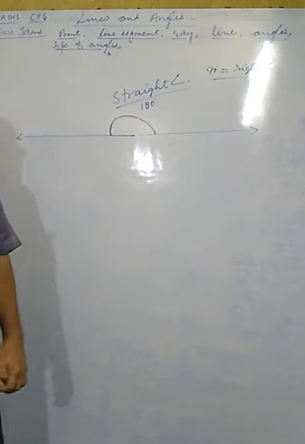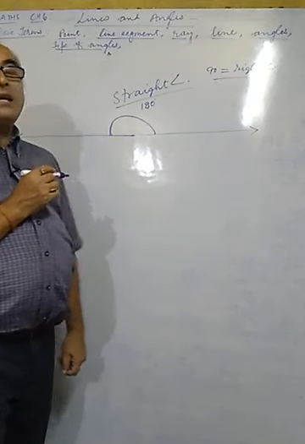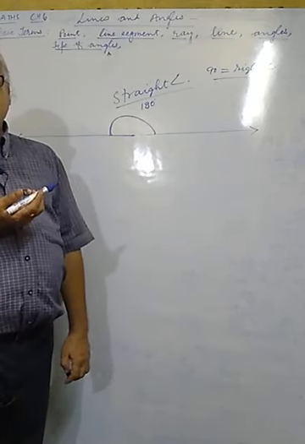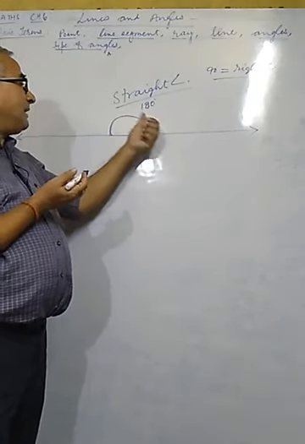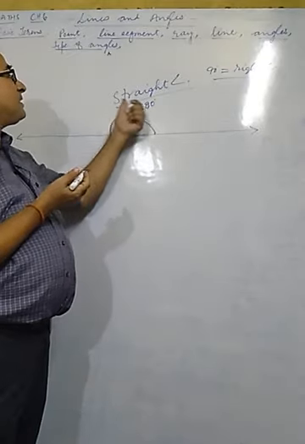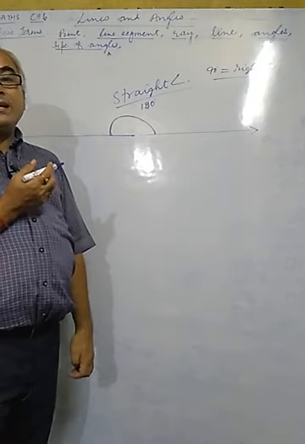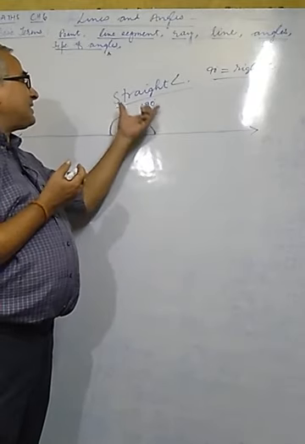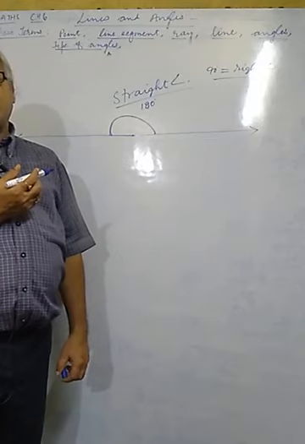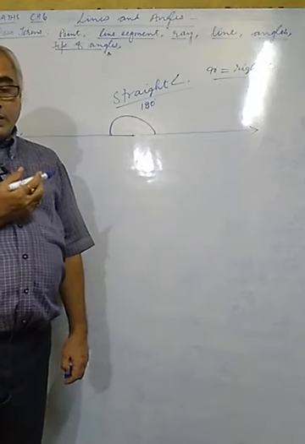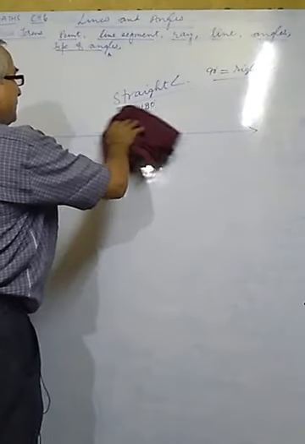Now a question arises here, how many right angles are there in a straight angle? Very obvious, you may reply. 90 plus 90, so two right angles are equal to one straight angle. So this straight angle contains two right angles. Now the next situation will also be there.